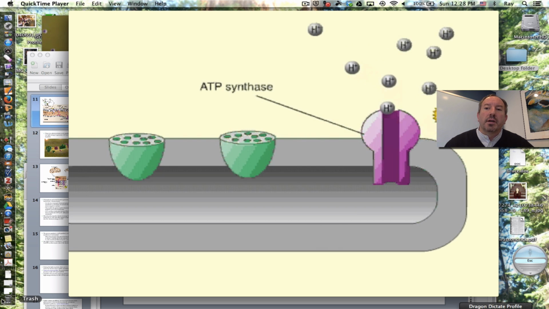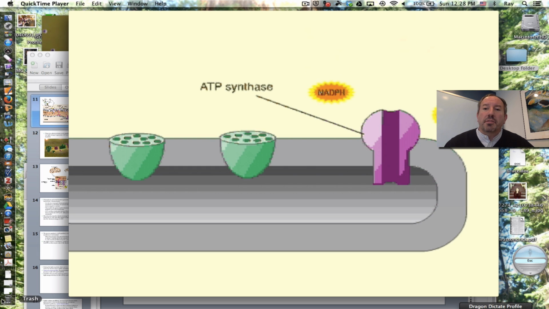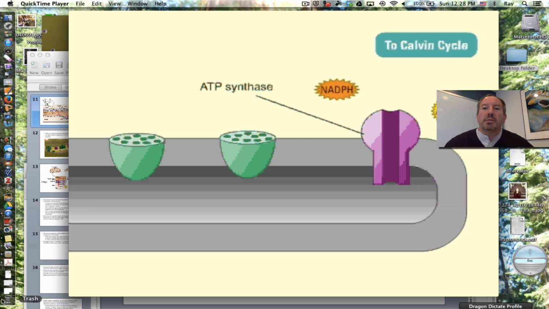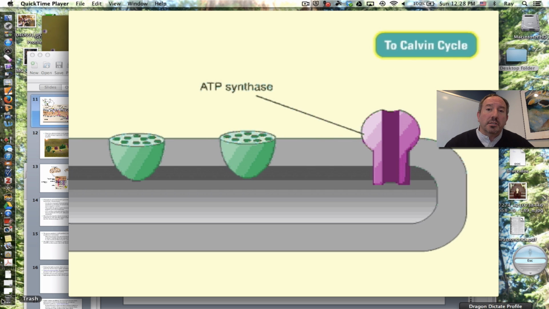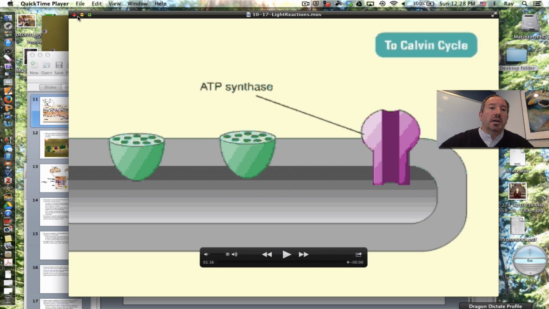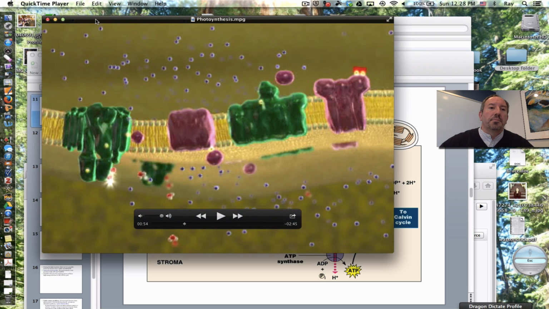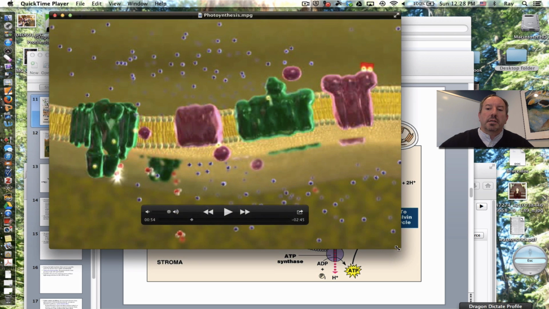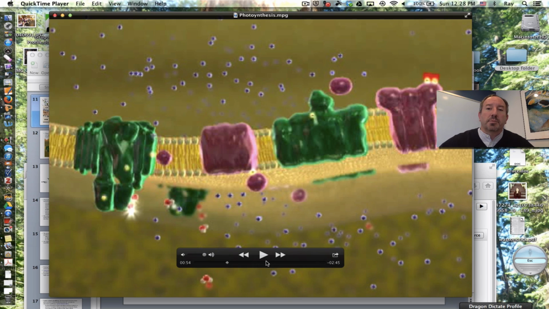And so therefore the proton motive force, or the chemiosmosis, allows the thylakoid to produce ATP and NADPH, which is then used by the Calvin cycle to produce glucose. That's pretty awesome also. And so I like this particular video because it's really well produced.